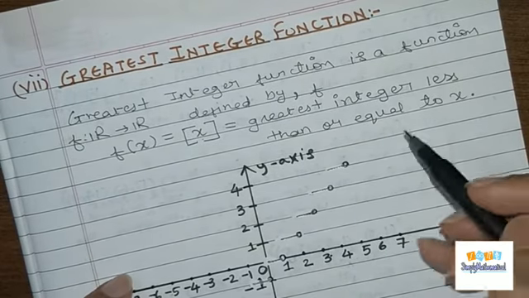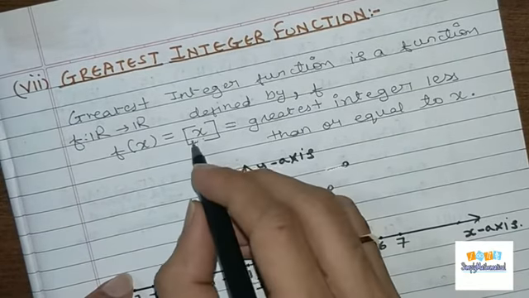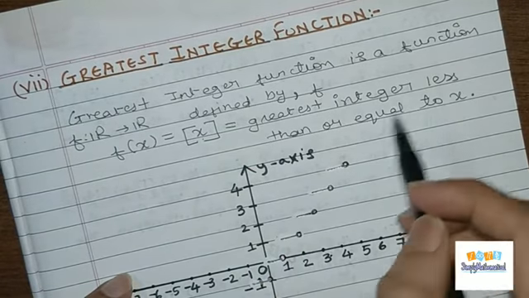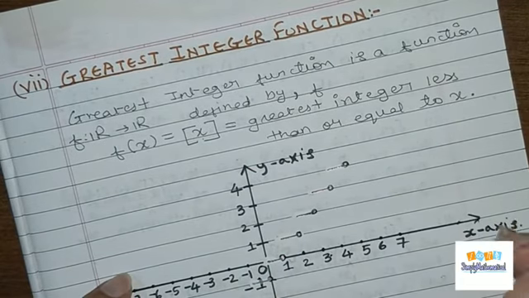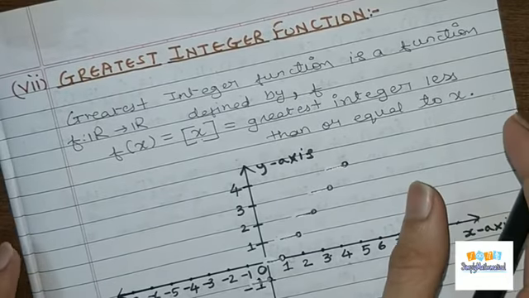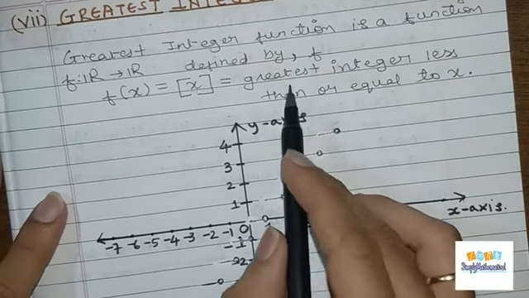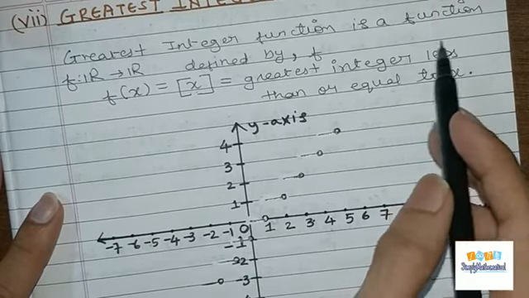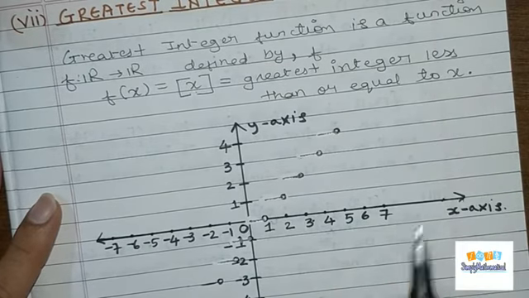Greatest integer less than or equal to x. So the symbol square brackets here means greatest integer less than or equal to x. Okay, that is the meaning of the bracket. Now you can look at the sentence carefully. It is the greatest integer less than or equal to x.